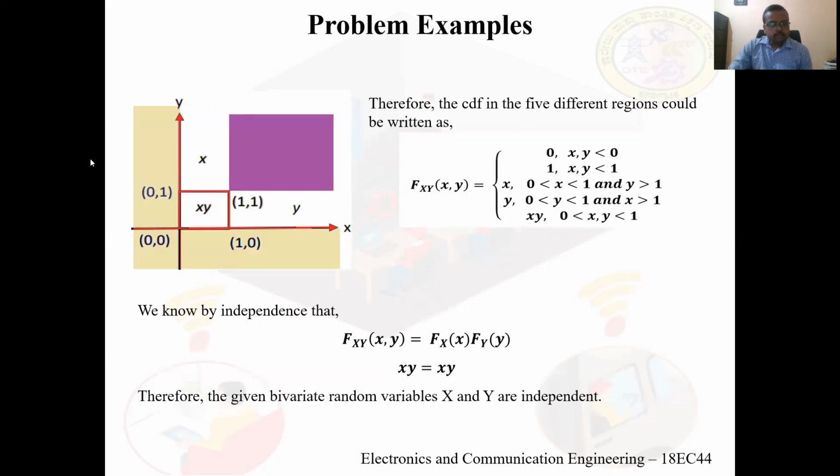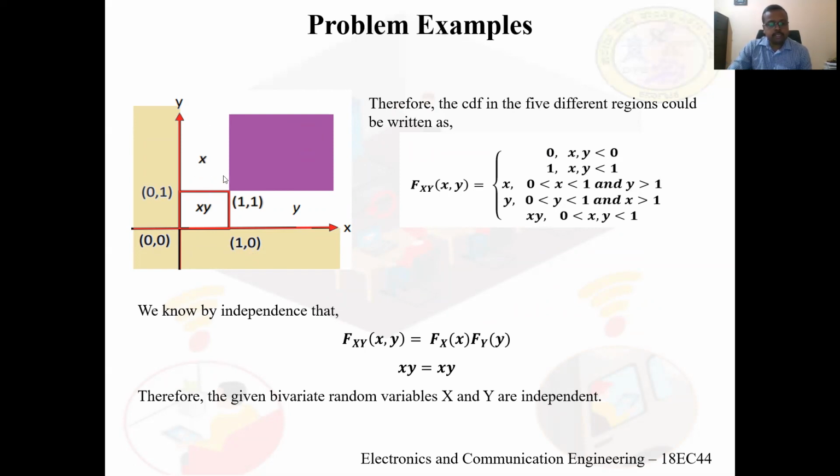So now all the 5 regions, region 1, 2, 3, 4, and 5, all the regions we discussed till now, are summarized in this diagram here. And what are the values we got here? It is the bivariate f_XY(x, y), equal to 0 for x, y less than 0 for this region, and equal to 1 for x, y greater than 1 for this region, and equal to x for y greater than 1 for this region.